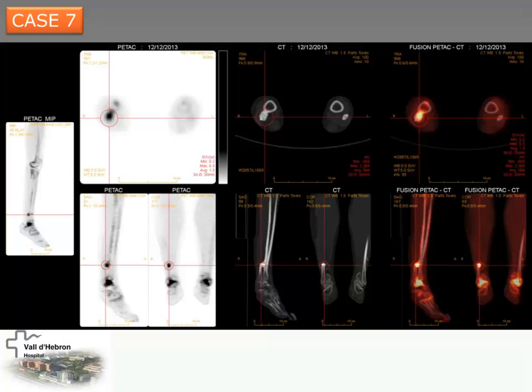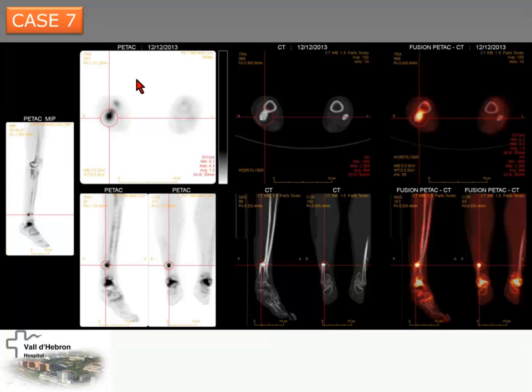Is this normal? Why do you have this uptake? Yes, it's the distal part of the fibula, and they have to fix this distal part of the fibula to the tibia, and for this reason there is an increased uptake.